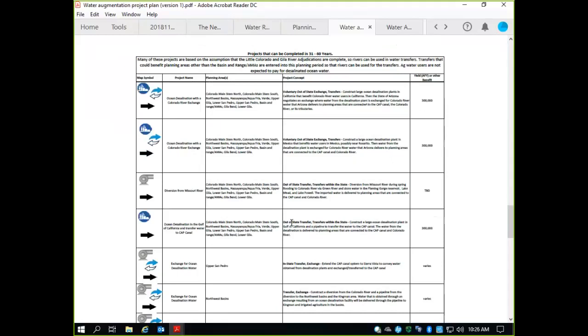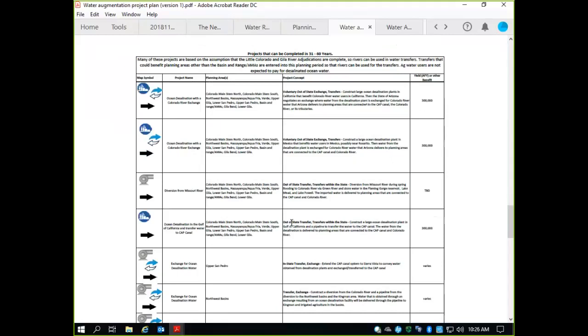Then another way that we grouped projects is we went planning area by planning area and asked ourselves the question, well, what makes sense? What could be realistic or feasible for a particular planning area? And then we put those ideas down as well.